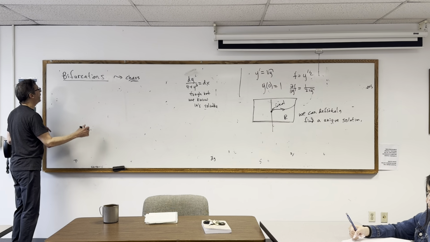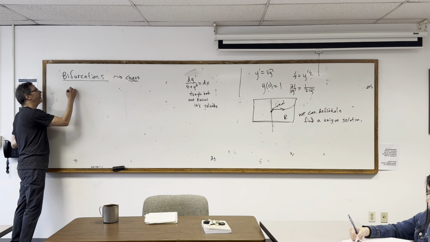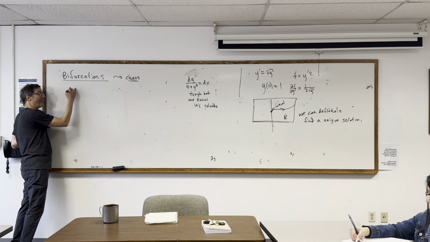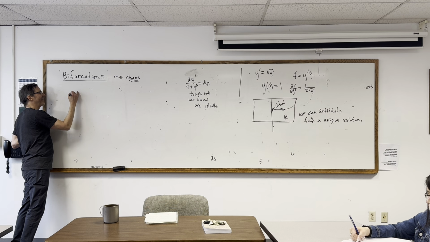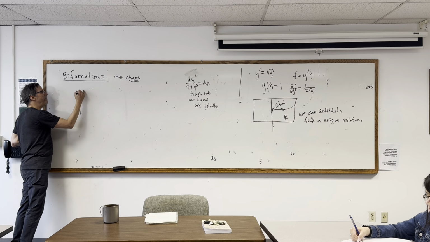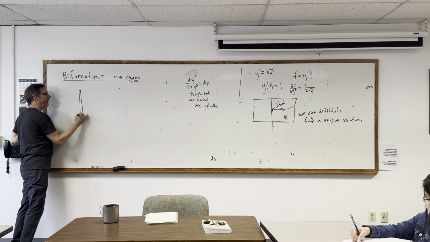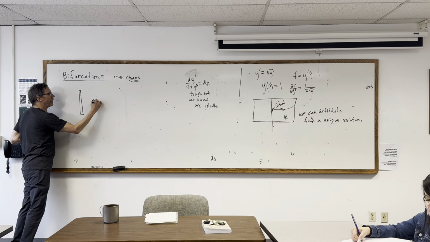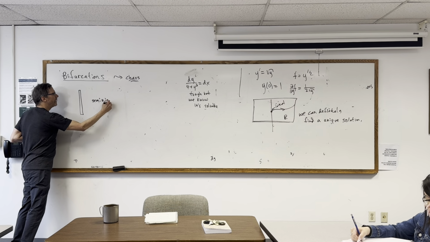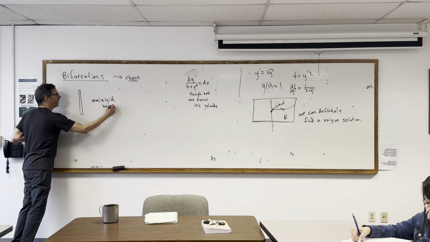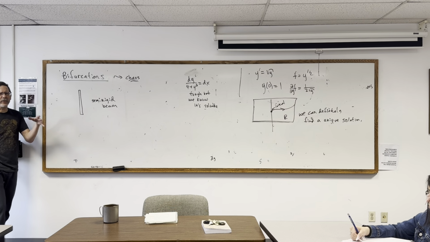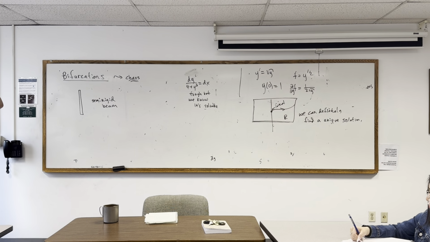So a bifurcation, let me tell you a little story here. This was actually the story that opened up my doctoral thesis. So I have a beam like this. This is a semi-rigid beam. It's made out of like plastic or something, but it's got a little flex to it.